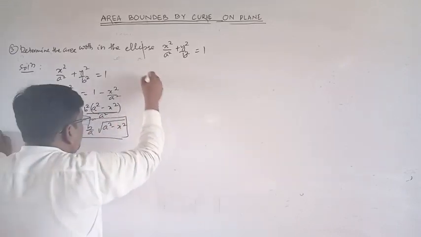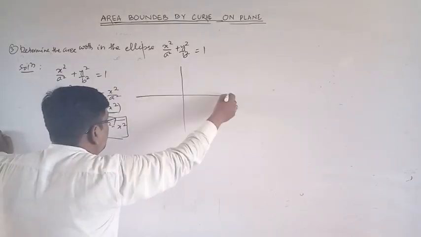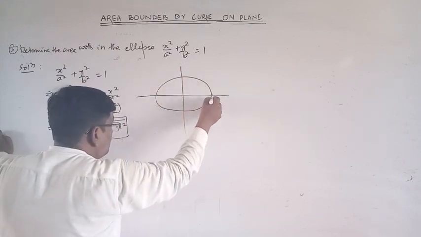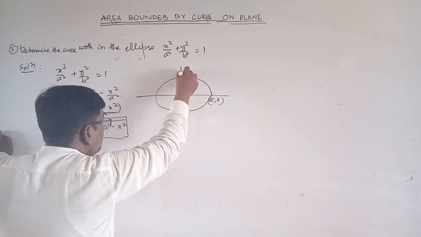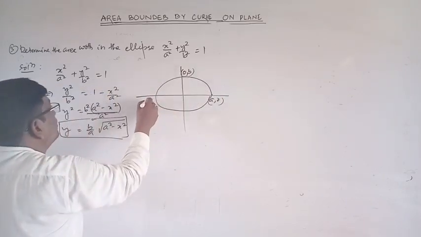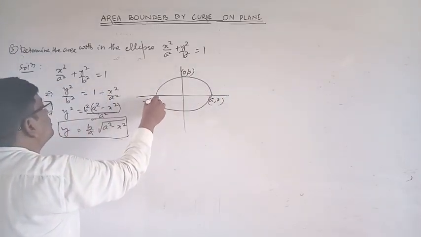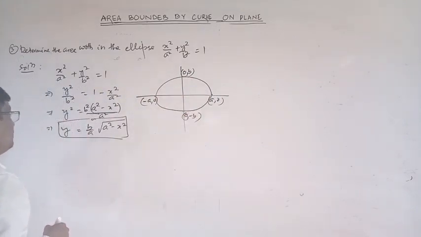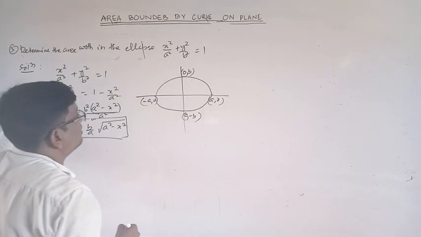And the graph of the function is this. This is the ellipse, and this point is (a, 0), this point is (0, b), this point is (minus a, 0), and this is (0, minus b). Okay, area within the ellipse means what?